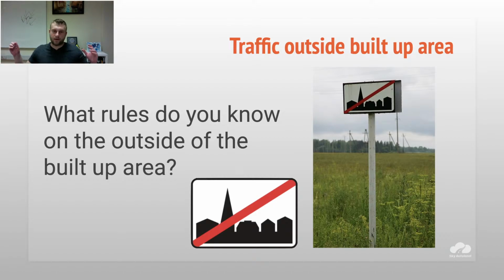So, for example, if you have 50 for some reason on the highway, then you approach some road or roundabout and you have a giveaway sign. So after this giveaway sign, you can continue driving with 90. But please remember that still on the highway, crossroads do not cancel the speed limit. Only in the build-up area it can cancel. So outside of the built-up area, giveaway sign can cancel and stop sign can cancel it.